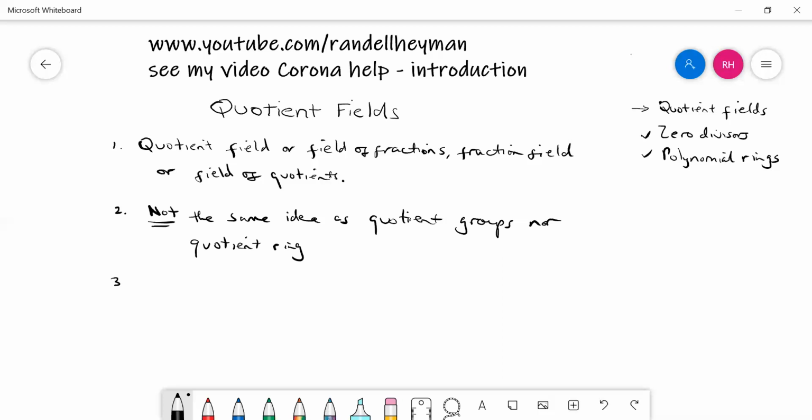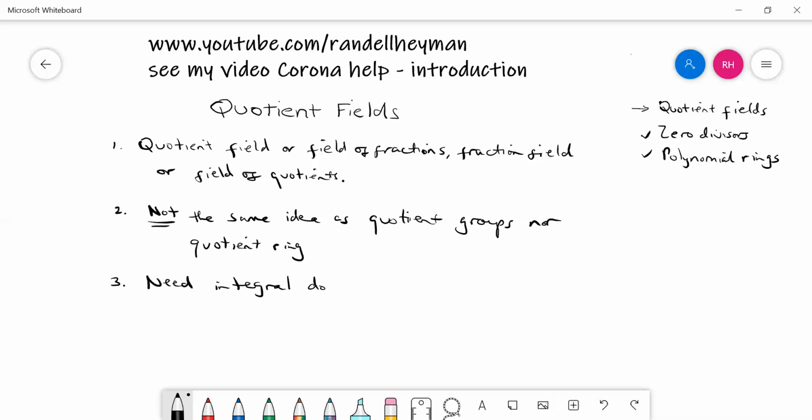Now, the third thing is that to explain quotient fields, it's not terribly difficult once we just get the concept of the integral domain, which we talked about before in one of the previous videos.